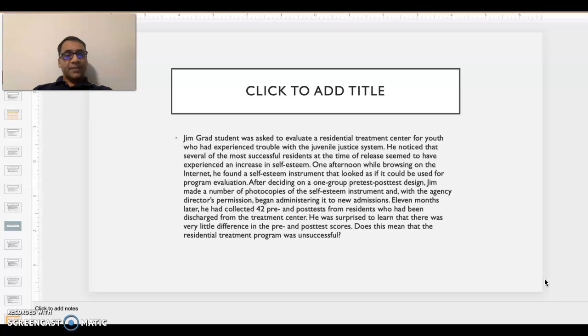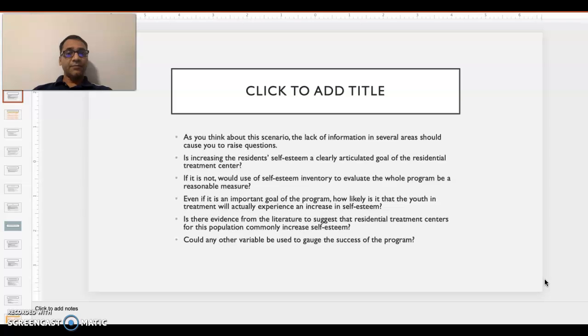Sometimes we need to understand whether the instruments we are using to evaluate our programs are appropriate or relevant. In this scenario, some of these questions may arise.